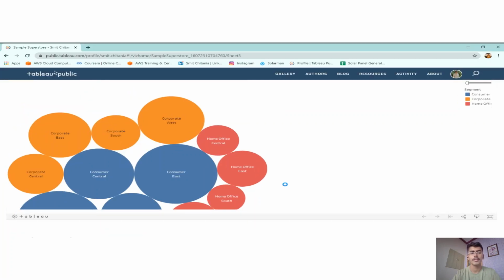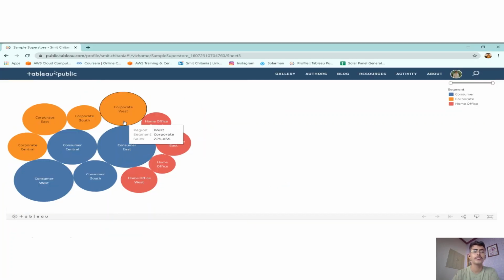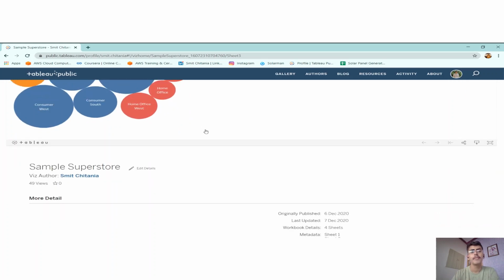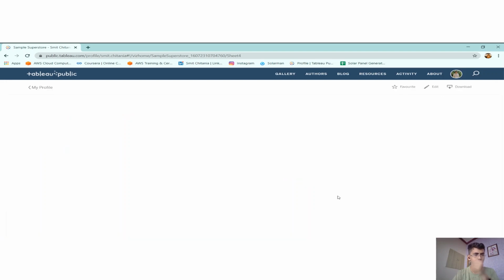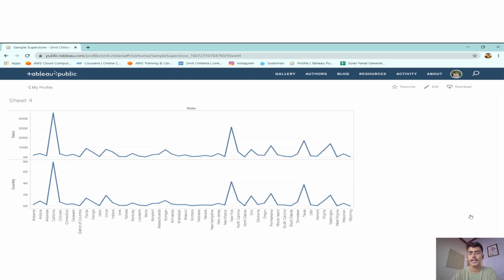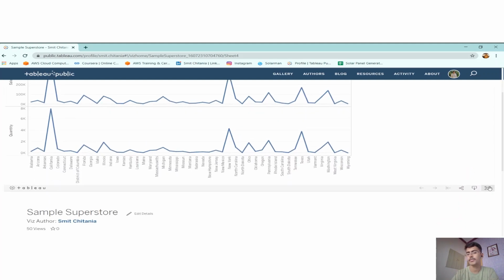So from this visualization we can understand who the users were who came to the store to purchase products, whether furniture, technology or office equipment. And from the fourth sheet, we understand what amount of sales we had and what quantity we sold.